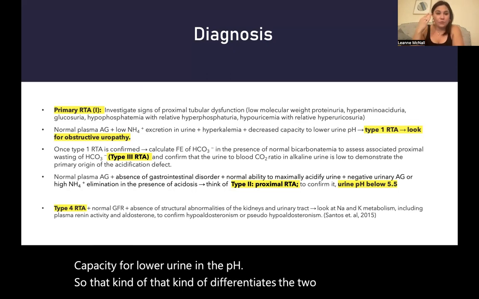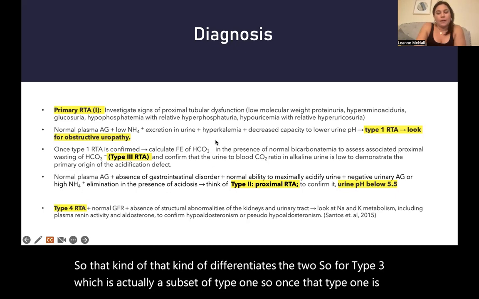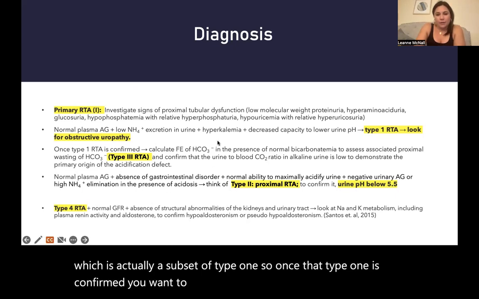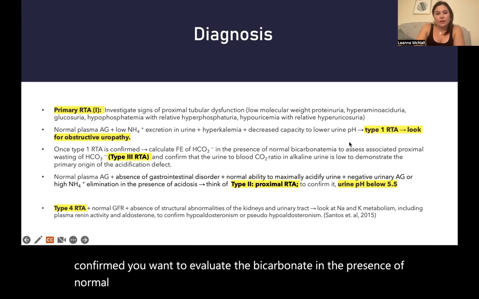So for type 3, which is actually a subset of type 1. Once type 1 is confirmed, you want to evaluate the bicarbonate in the presence of normal bicarb, and how much wasting there is of it in the system.